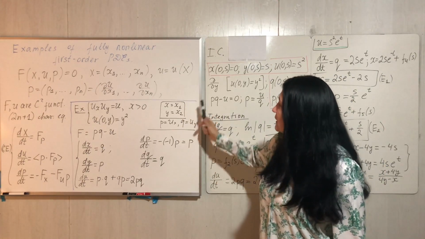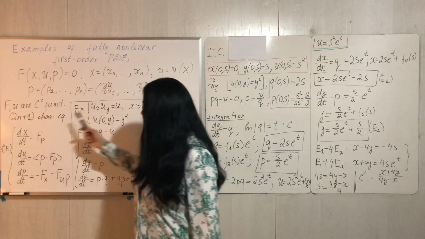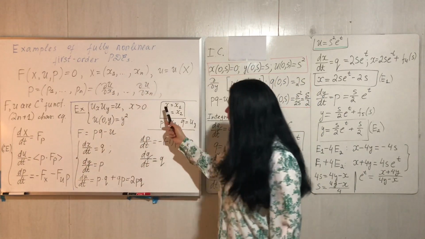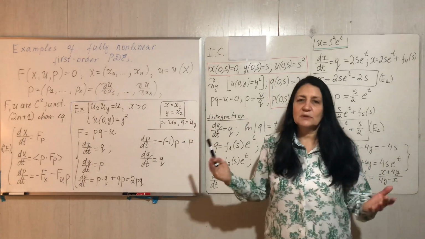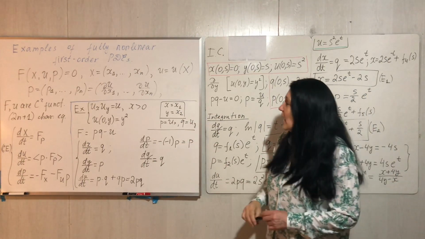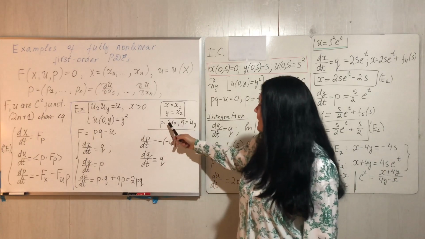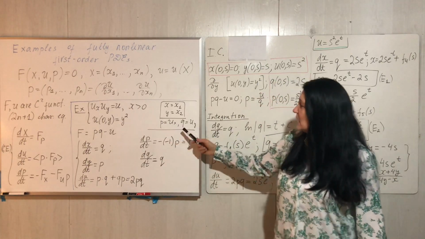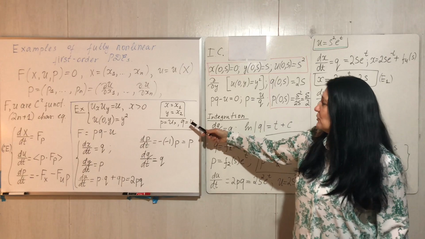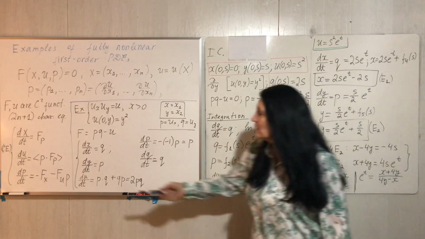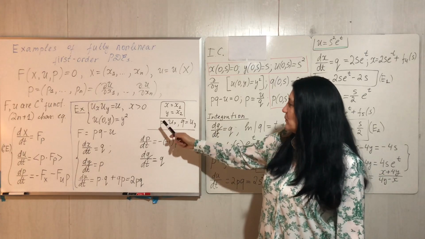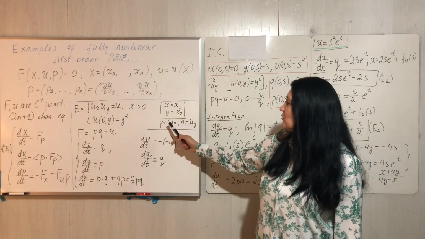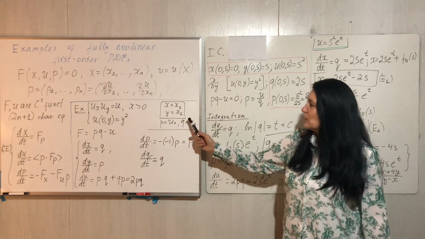So to make the connection between this and the general formula, x is related to x1 and y is related to x2. And p is the derivative of u with respect to x, and q is the derivative of u with respect to y. So in these notations, that would be p1 and p2, right? Instead of p1 we have p, instead of p2 we have q.